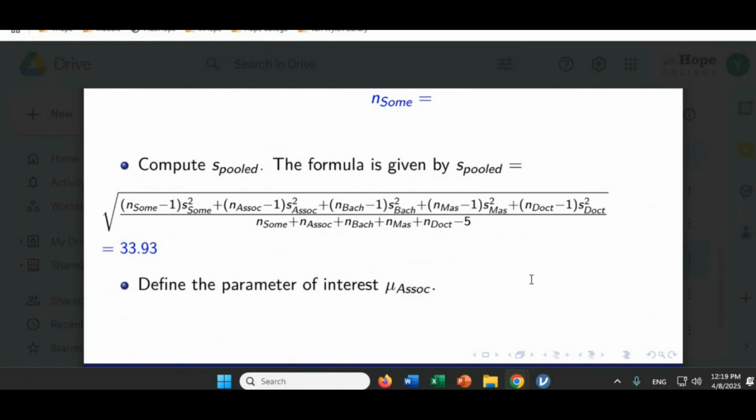What's the definition of mu associates? Every time you see a Greek letter, what are the first words you should say? Mu associates is a long run. Every parameter definition must start with these words.